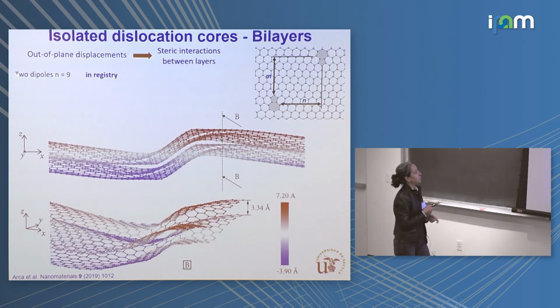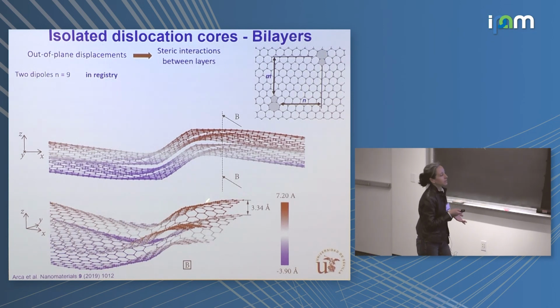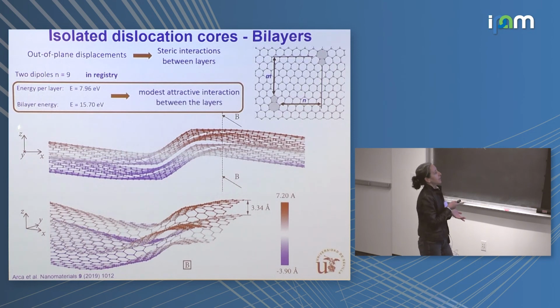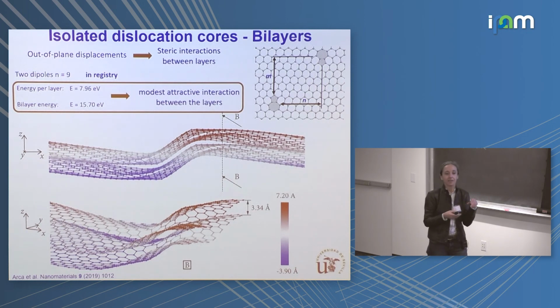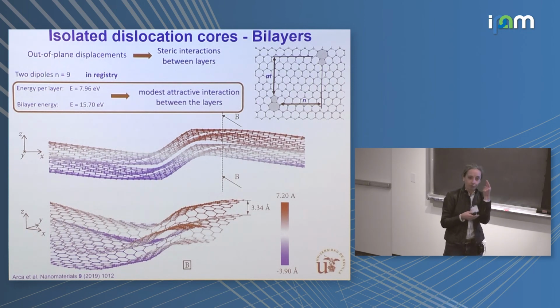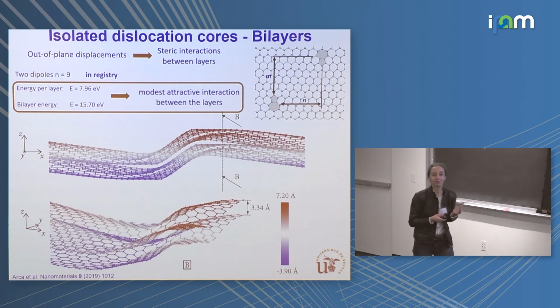If both dipoles of this length are in registry, they move together out of plane, and the energy of the bilayer configuration is more or less twice the energy of one layer, meaning that there is no interaction between them.